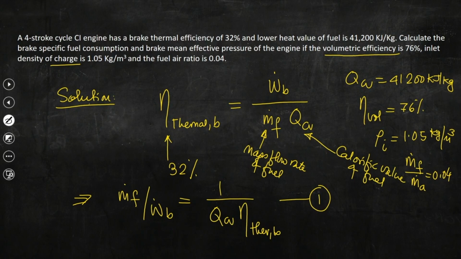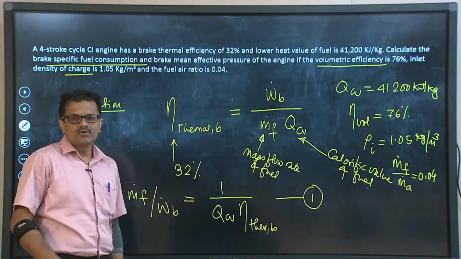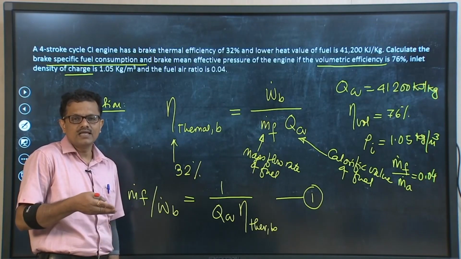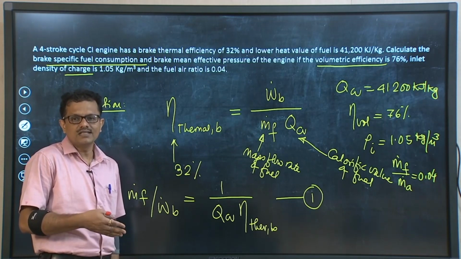If we go to the next slide, the first quantity that we need to calculate is the brake specific fuel consumption, that is BSFC. We have discussed specific fuel consumption, and we can also write it by adding the prefix I or B. If it is I, then it is indicated specific fuel consumption.